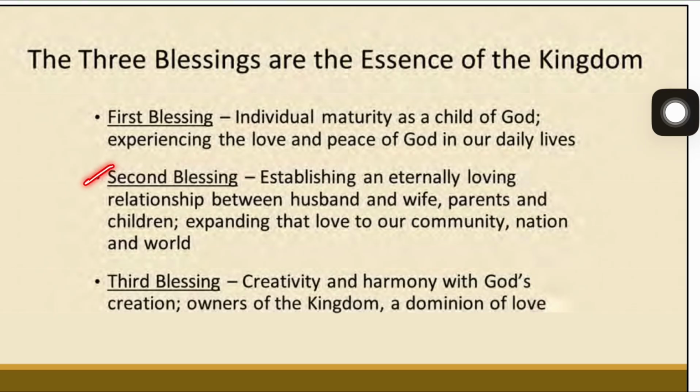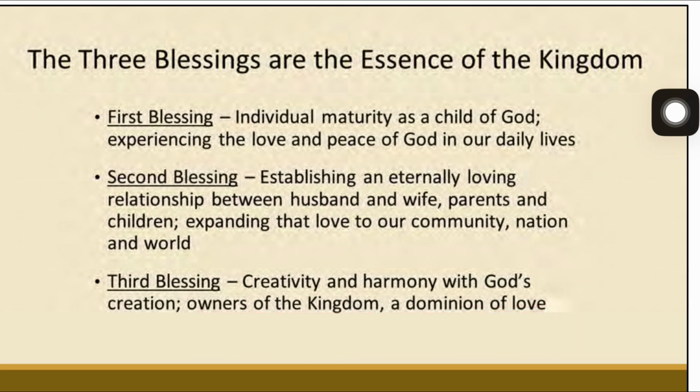The second blessing is to establish an eternally loving relationship between husband and wife, parents and children, expanding that love to the community, nation, and world. And the third blessing is to have creativity and harmony with God's creation. We become the owner of the kingdom, a dominion of love.